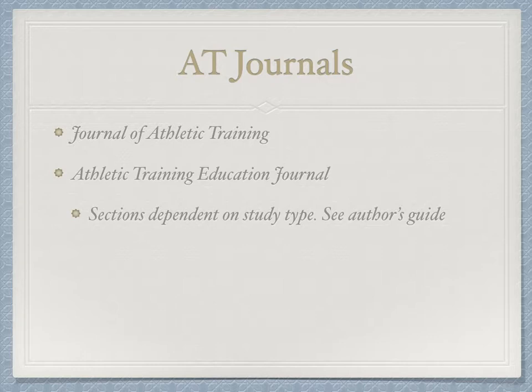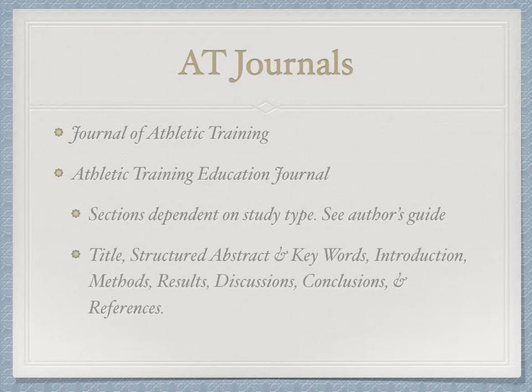But our sections within a journal article are dependent on the study type. So that's one of the reasons why we have our research design class in the program. And you can see in the author's guide that depending on the types of research that you're doing, it will have different sections. But generally speaking, most journal articles will have these sections.